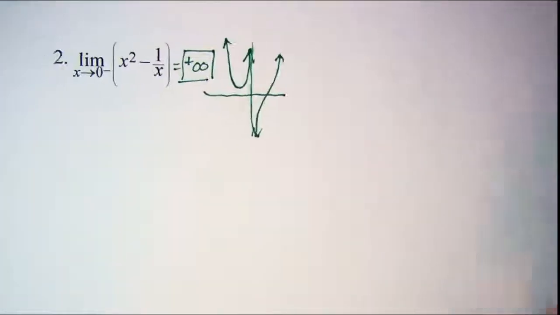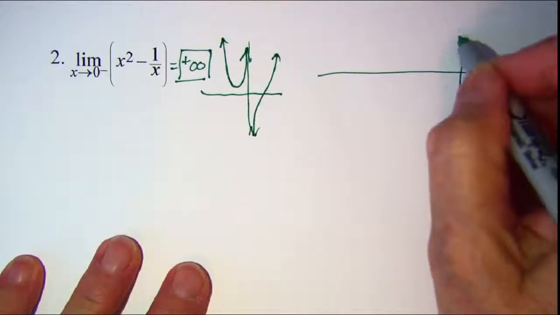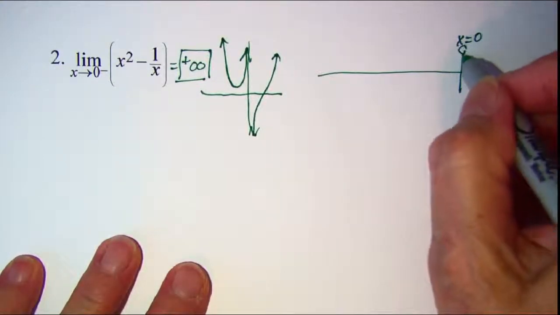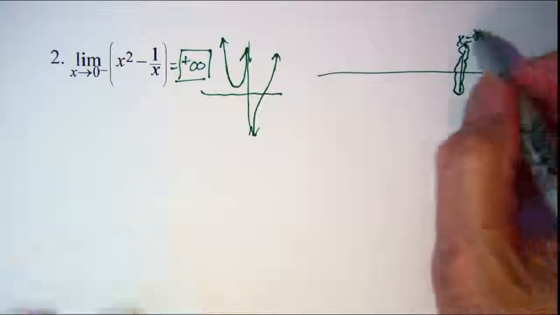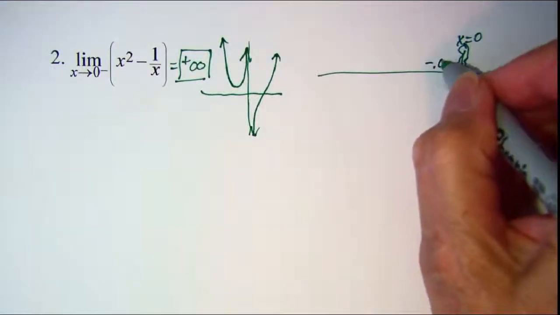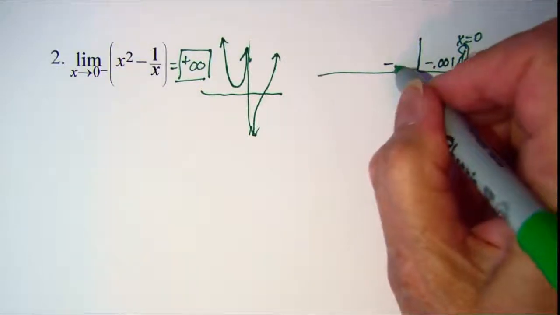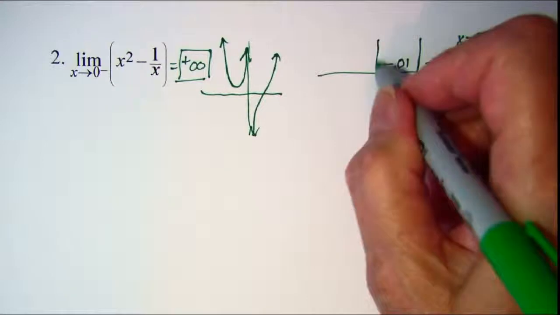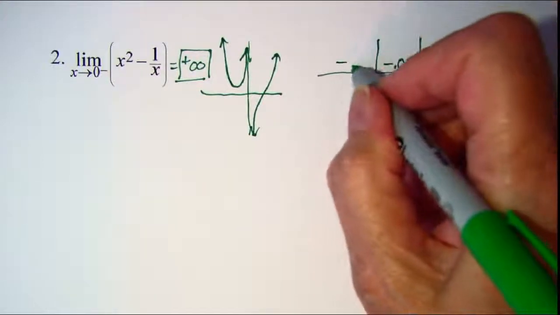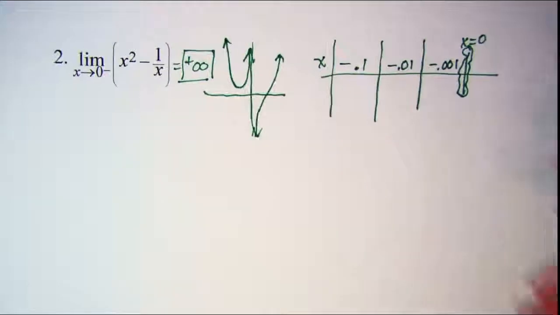Let's also look at a table. So let's let this be x equals 0, and we are approaching from the negative direction. So negative 0.001, a negative 0.01, and a negative 0.1. Let's try x values for that.